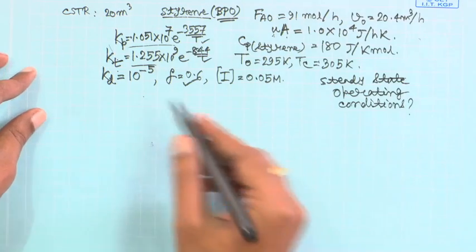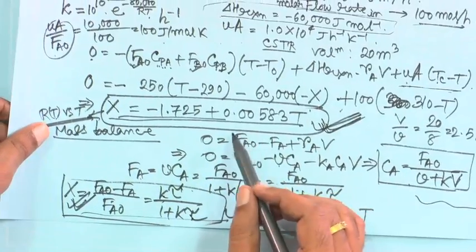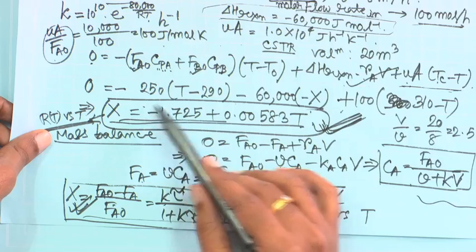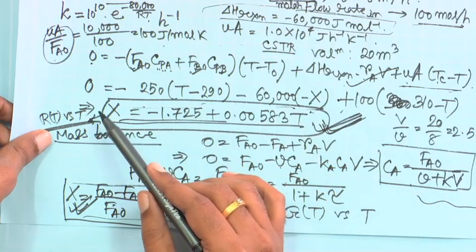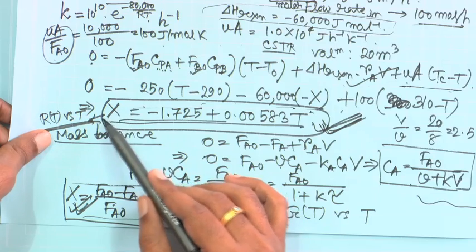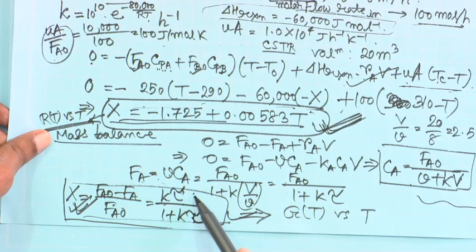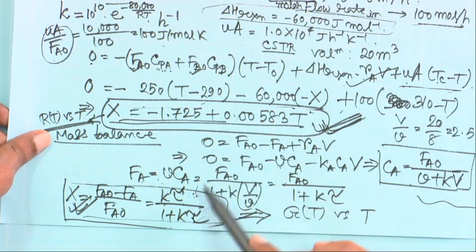So, we will do the same that we had done for the previous example. We will go to the energy balance, and from the energy balance we will get the conversion as a function of temperature, the linear function, and then separately we will apply a mole balance to the conversion, and we will get the dependence on temperature, which will be non-linear, and then the intersection of these two graphs will give you the solution.